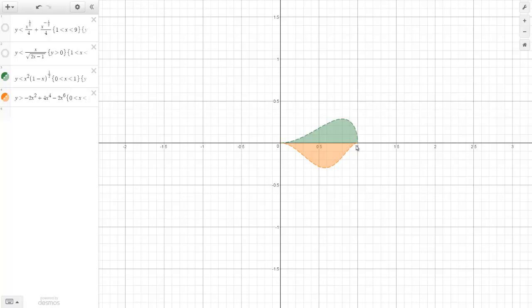Thus, we integrated this orange area backwards and got the exact same number as we did for the integral for the original function in terms of x. So what U-substitution tells us is that this green area has the exact same area as this orange area. The one weird and kind of cool thing is that the orange area is below the x-axis.